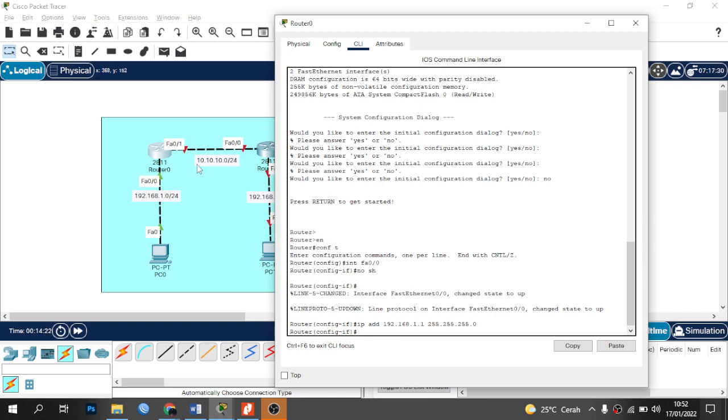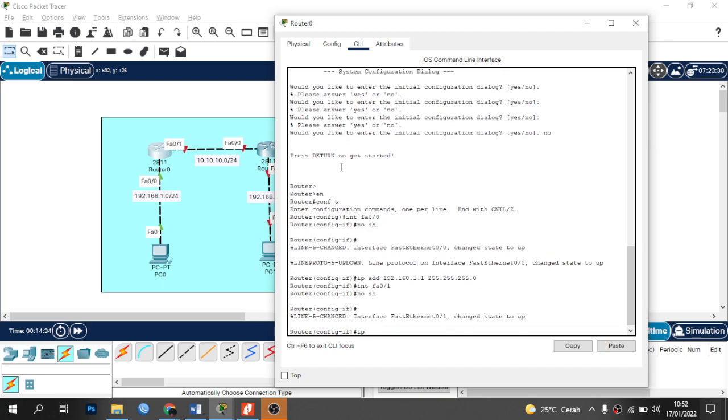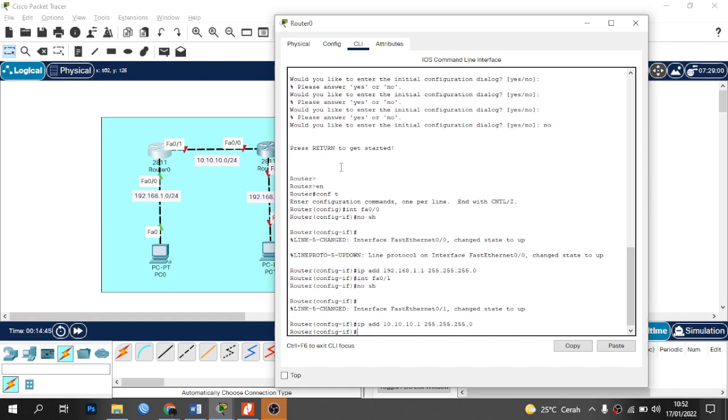Next, the interface to router 1. Interface FA0/1. Now shutdown. Add IP 10.10.10.1 subnet mask. Enter. Okay.